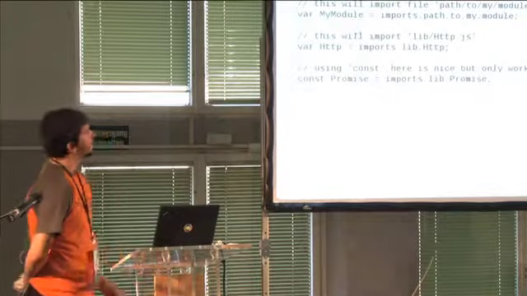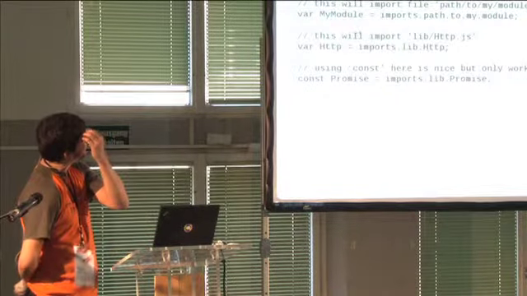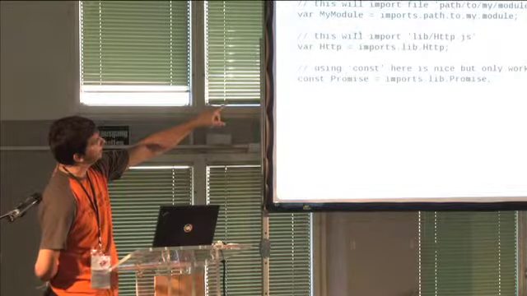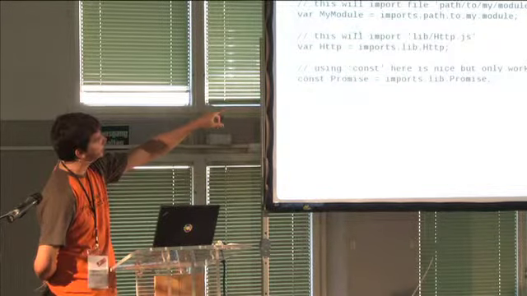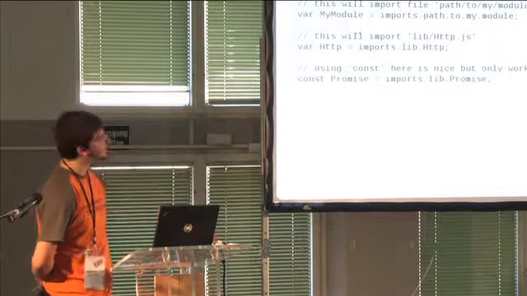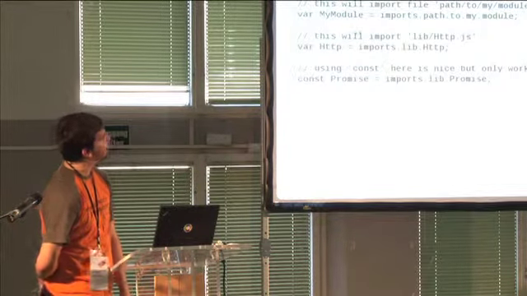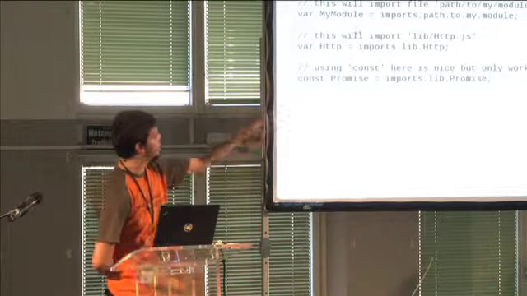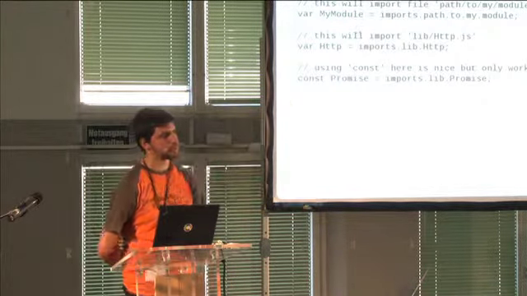It's an assignment. This is an example of importing a normal JavaScript module. You specify the path to the module using dots instead of slashes. These are the 3 examples. Here we use const, which only works in GJS.